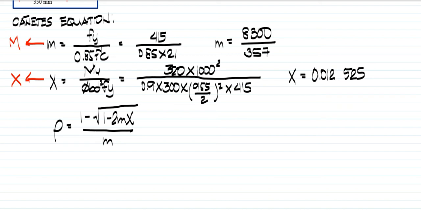So para kapag pipindutin na lang natin siya sa calculator, ang gagawin na lang natin is 1 minus 2 alpha m alpha x over m. So using our calculators, we could get a value of rho required, which is 0.015217.